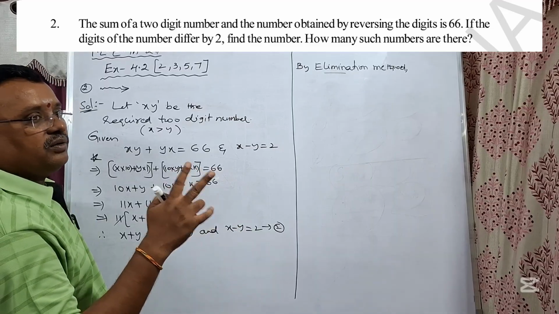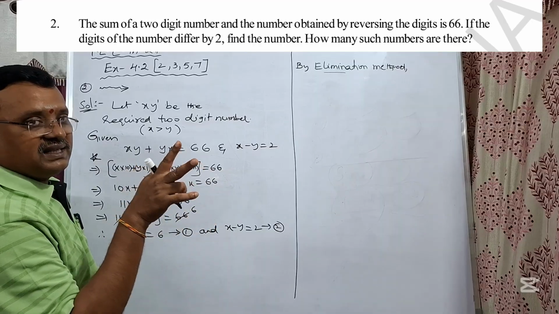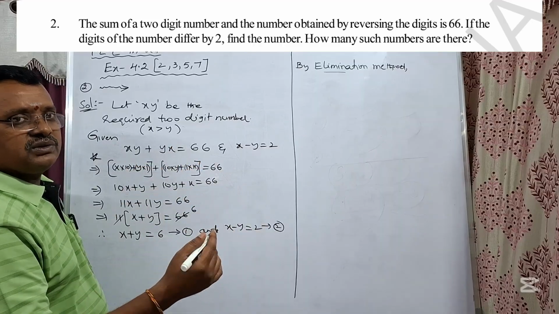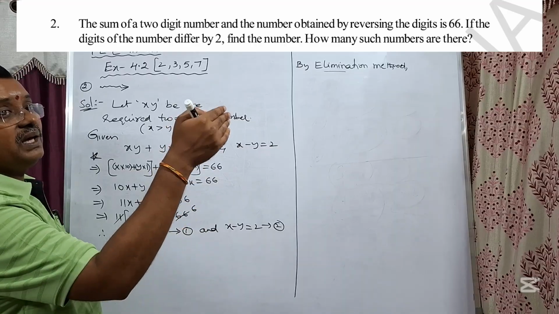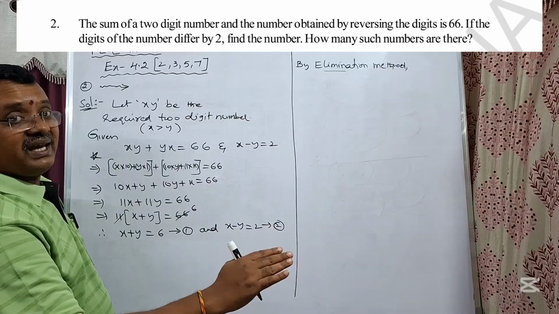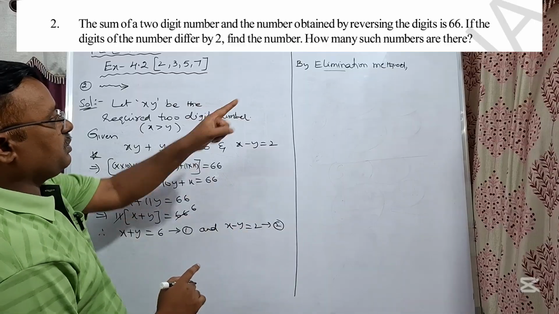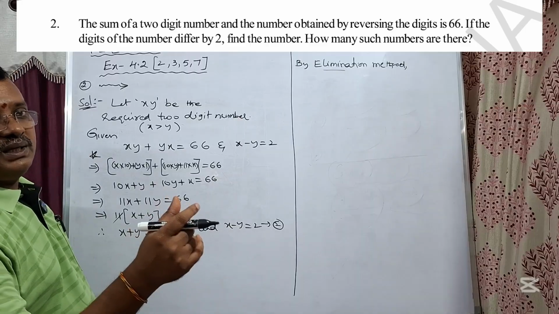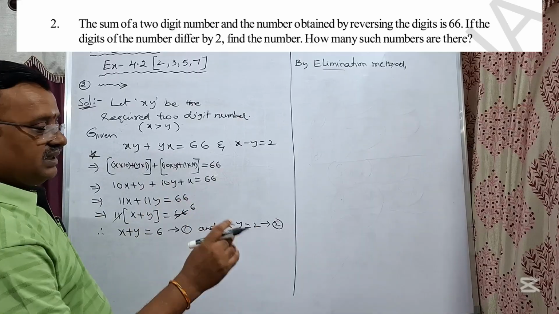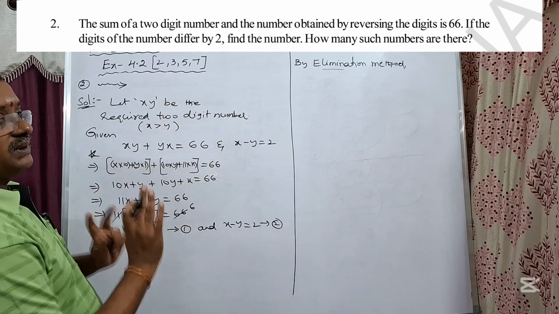So the y coefficients are numerically same with opposite signs. So just add them. The y terms will be eliminated, giving us the x value. That is why it is called the elimination method: eliminating one variable to get the other.